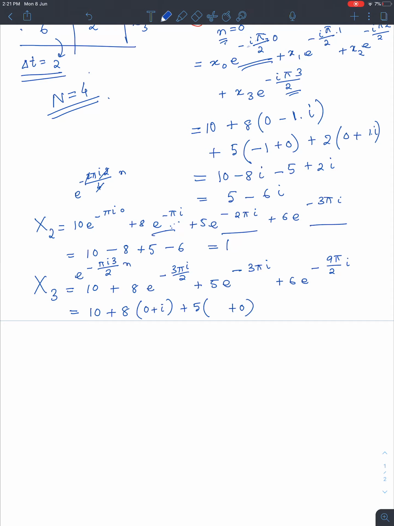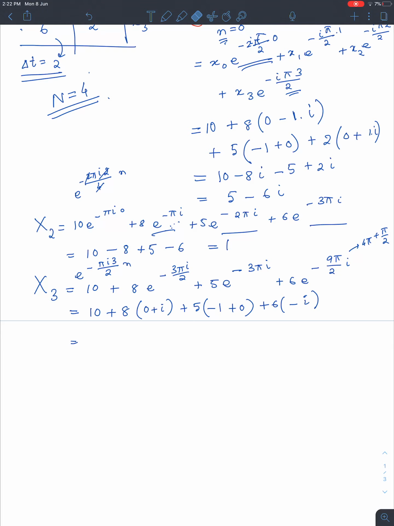That is minus 1 plus 6 into, again 9 pi by 2, which is basically 4 pi plus pi by 2. So 4 pi is the same as 0. So pi by 2, sine pi by 2 is 1.